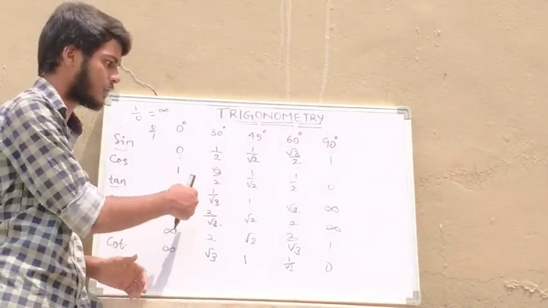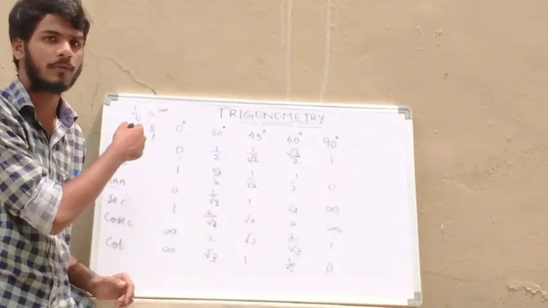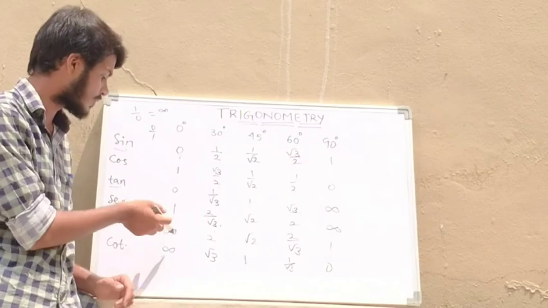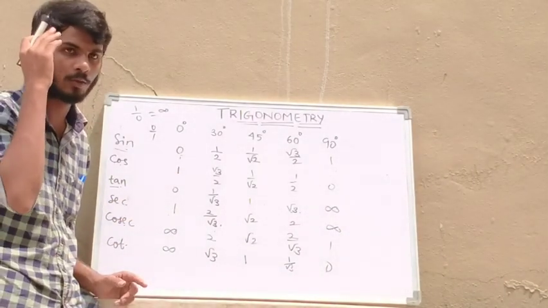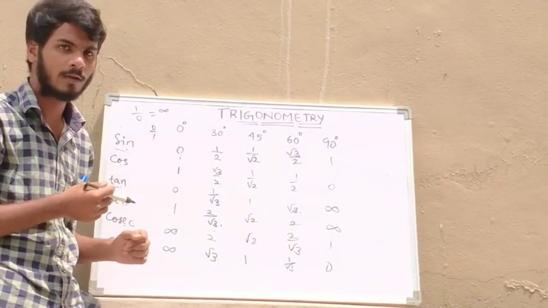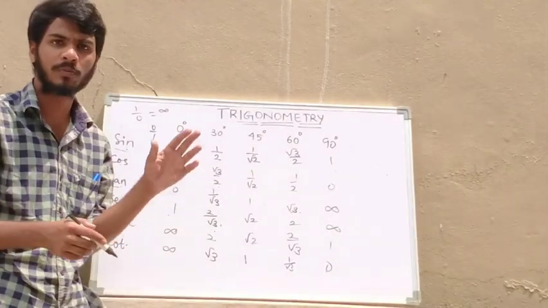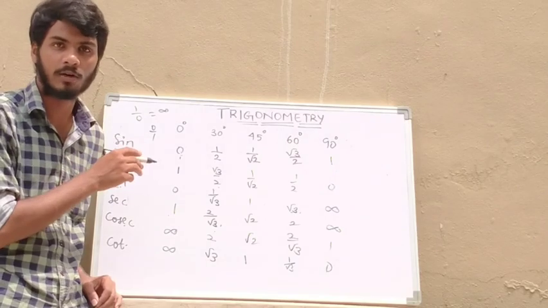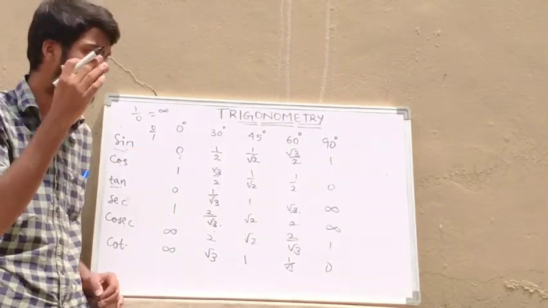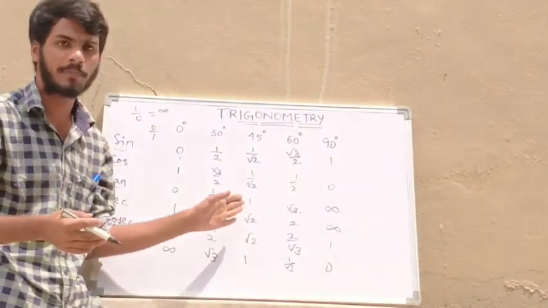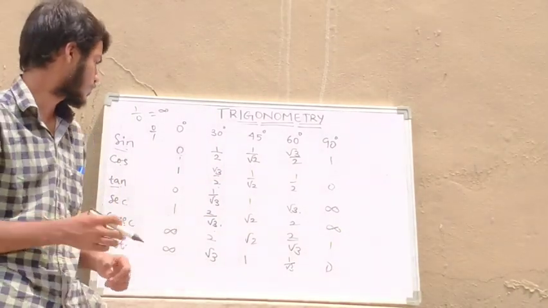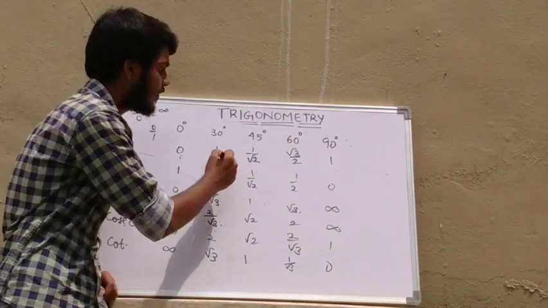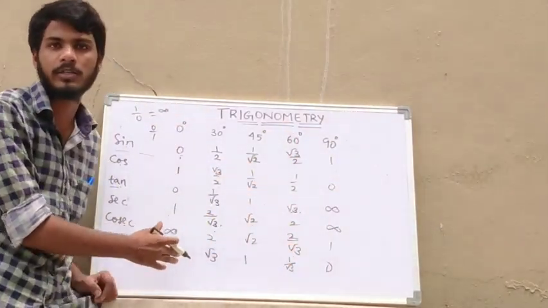No need to remember the total values of every ratio. You need to derive them in your mind. If you get perfect in the reciprocals, that is sine equals 1 by cosecant, cos equals 1 by secant, this is a piece of cake. So just remember these sine values.